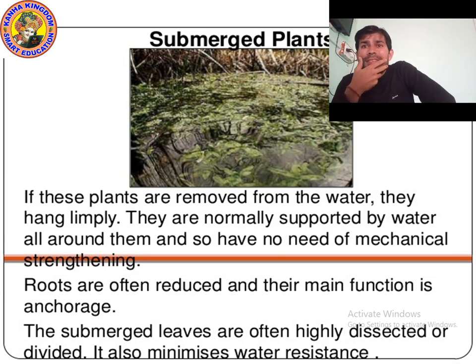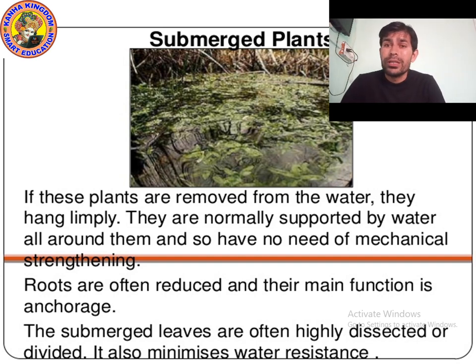Okay, and the submerged leaves are often highly dissected or divided. You might have seen them in the water. So it also minimizes water resistance.